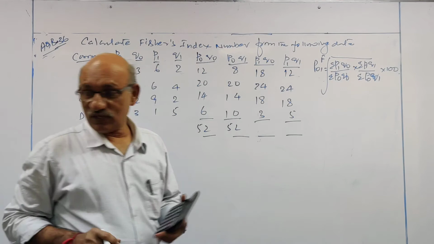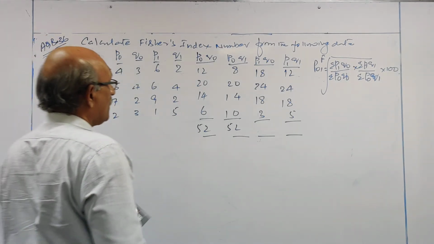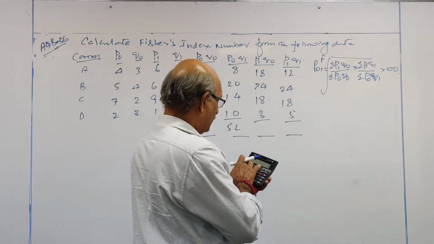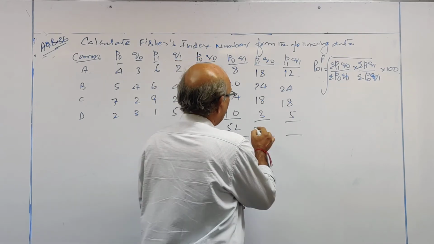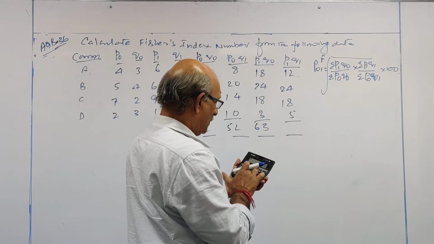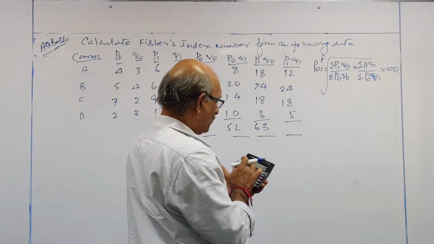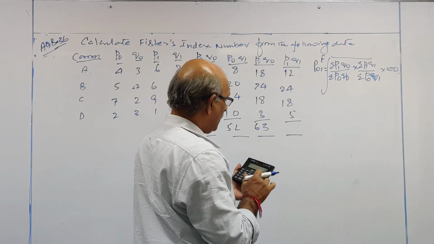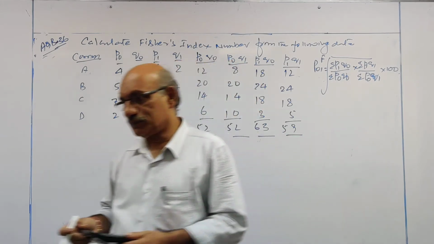Let me check up this first value, 52 is 2 times. Yes. Next, P1 Q0: 18 plus 24 plus 18 plus 3, 63. Next, P1 Q1: 12 plus 24 plus 18 plus 5, 59. This way totals are obtained.